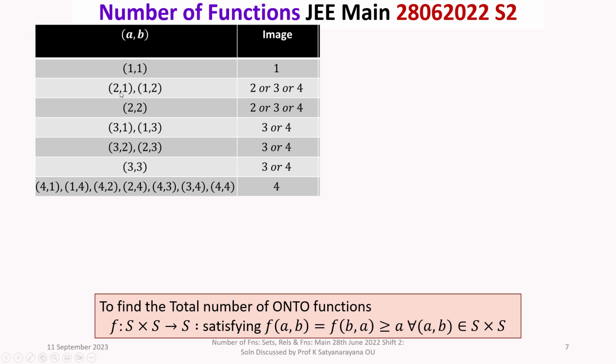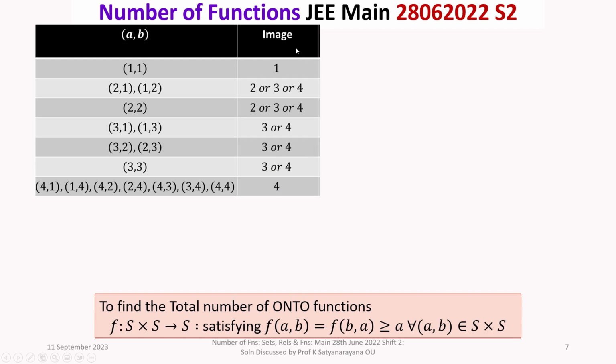That's all. (2,1) going to 2 and (1,2) going to 3 doesn't arise, because f(2,1) is equal to f(1,2). So be clear about it. And these 7 elements are mapped to 4. (1,1) is mapped to 1. These are the images, these are the (a,a), and f is mapping to these things.